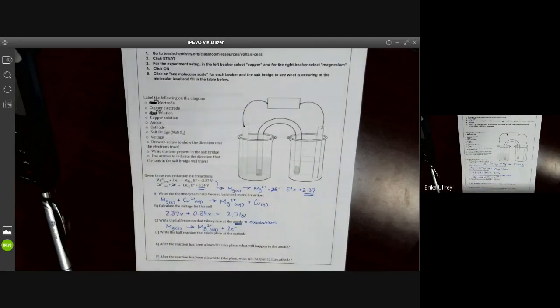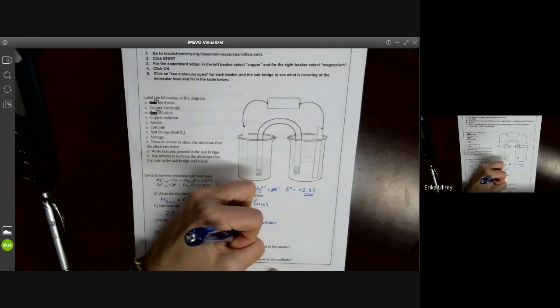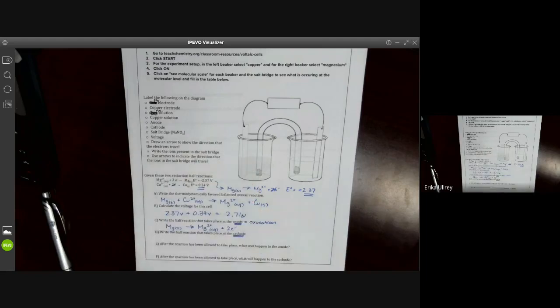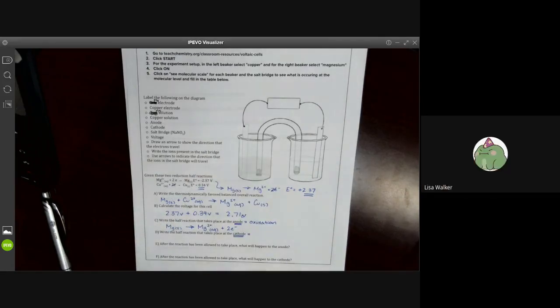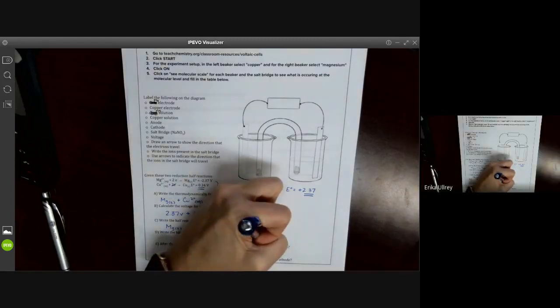Okay, and then write the half reaction that takes place at the cathode. Lisa, what is going to be the reaction that takes place at the cathode? What happens at the cathode? Do we gain or lose electrons? Yep, gain electrons. So what does that mean? Oxidation or reduction? Reduction, right?